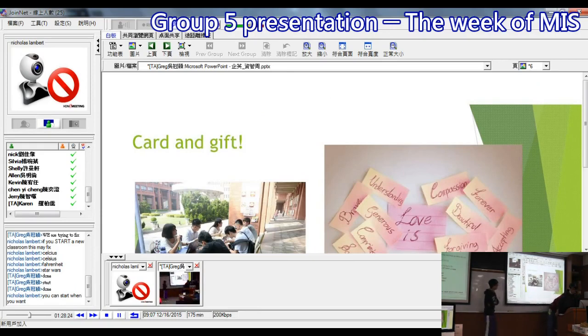Now I'm going to introduce cards and gifts. At this place, you just need to pay a little money, and we will help you send the card and gift to your friends or your loved ones. The price of this service is 40 NT dollars, but if you study in Management Information Systems, you can get one for $35 and three for $100.